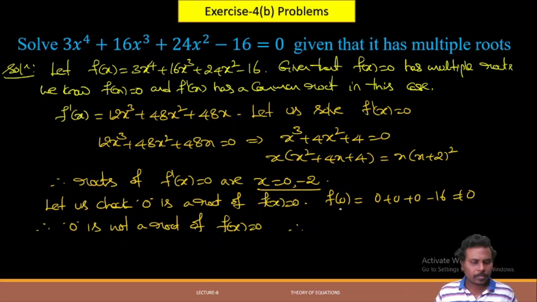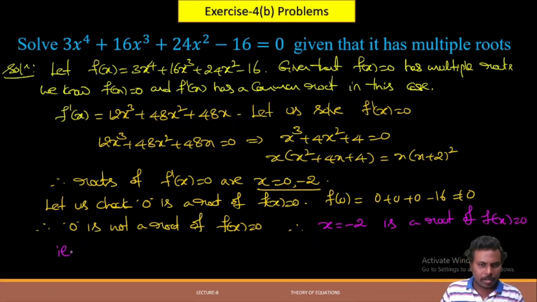Therefore x = -2 must be a root of f(x) = 0. That is, x = -2 is the multiple root.